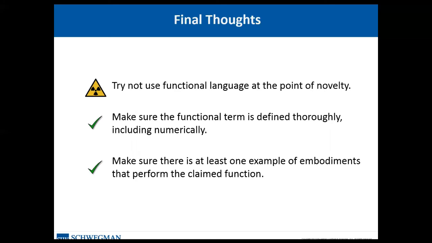But if you do, I think that you need to define this term very thoroughly, including numerically, and you darn better well make sure that those numerical distinctions help you distinguish over any materials that exist in the art. And on top, at the very least, you have to make sure that there's at least one example disclosed in your patent application that performs the claim function.